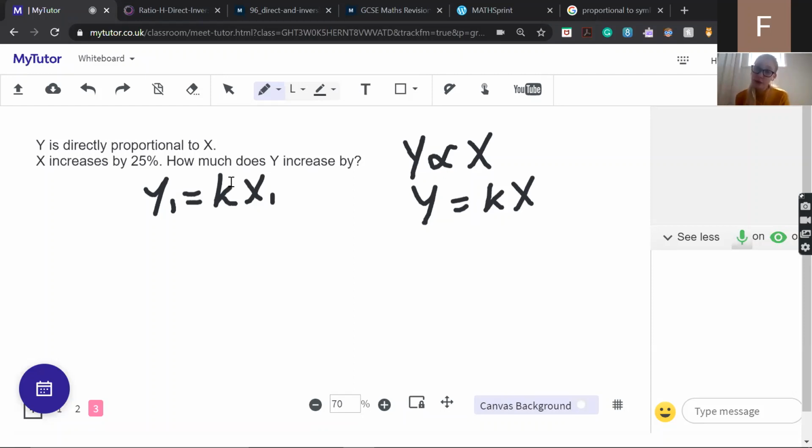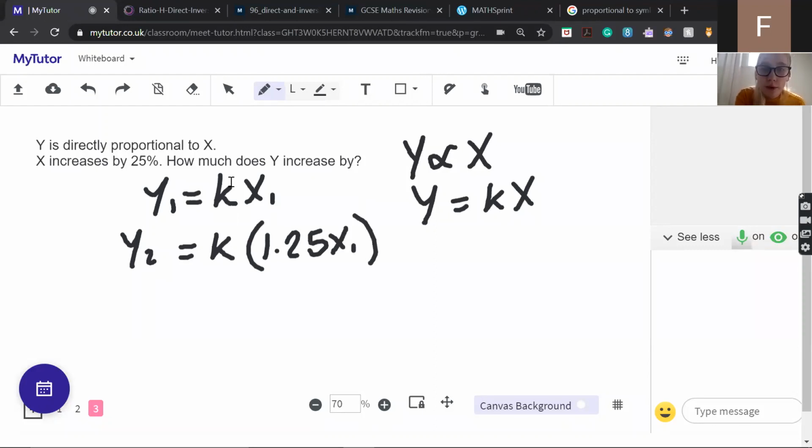Now when I've increased by 25%, Y2, our new Y value, is equal to K lots of 1.25 X1. So our new value of Y, this is what we're trying to find, is equal to K lots of, and all I've done here is increase X1 by 25%. This is its multiplier for an increase of 25%. So it looks kind of scary, but honestly, all I'm doing is replacing this with increasing it by 25%.